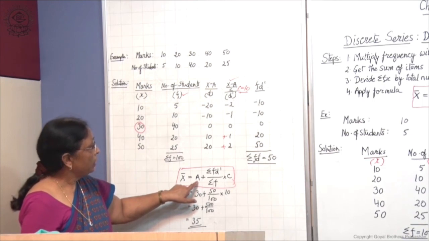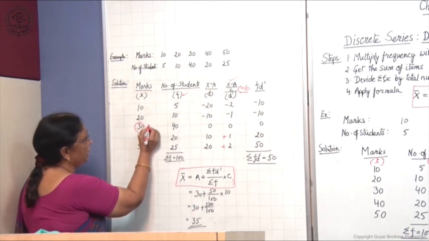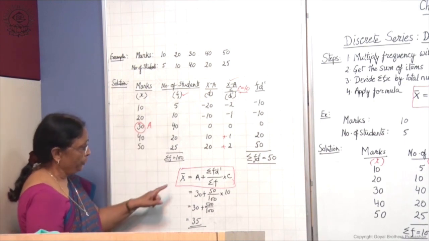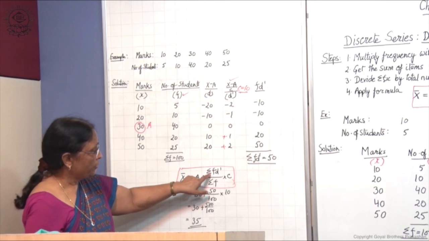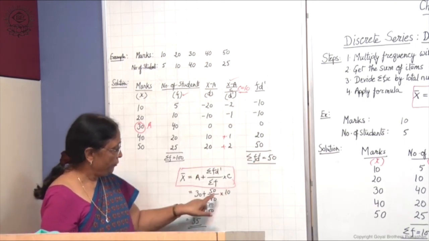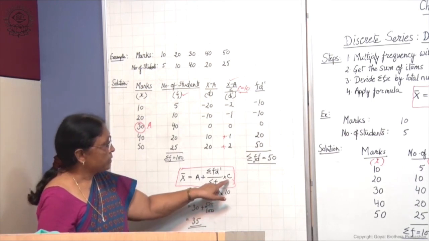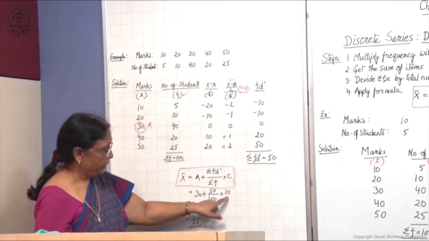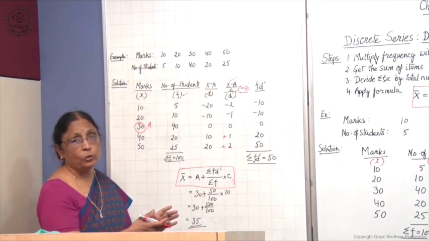Now here A, as I told you, A is what? This is A, the assumed mean. So A is 30, plus sigma FD dash is 50, sigma F is 100, and C is 10. So it's very simple and it is interesting also.